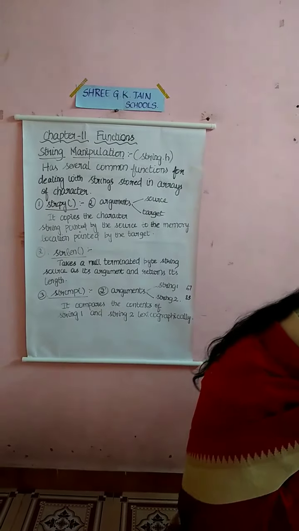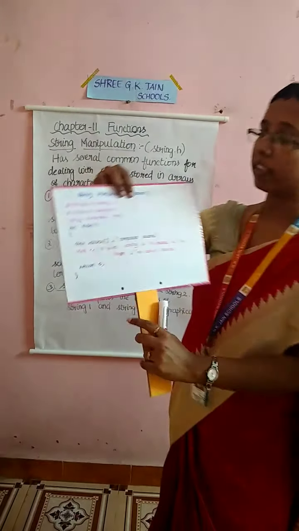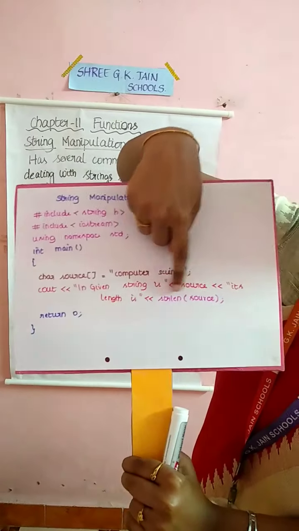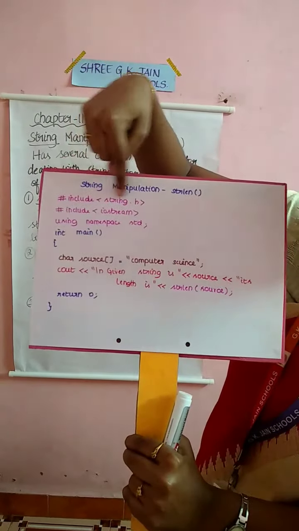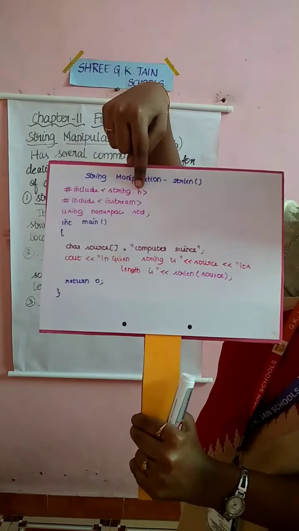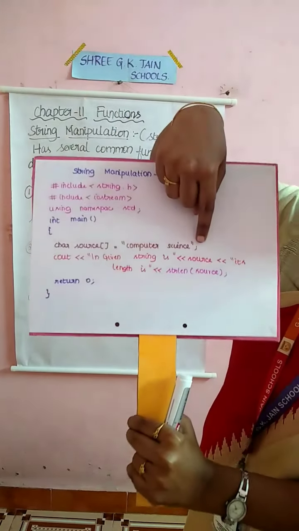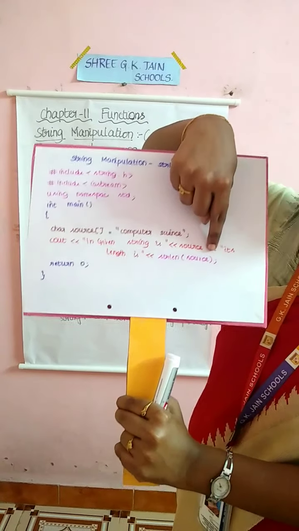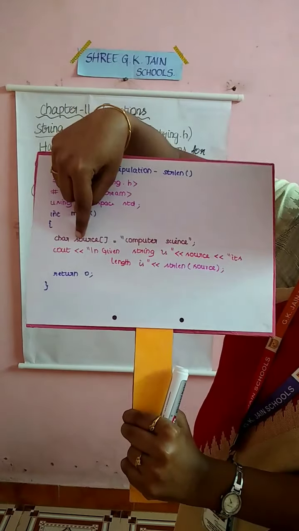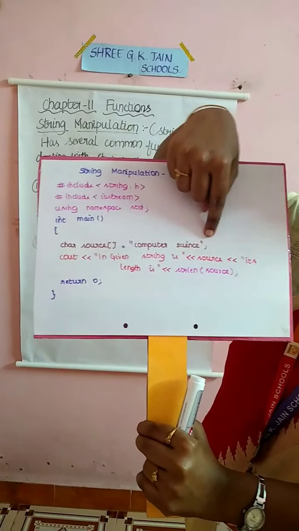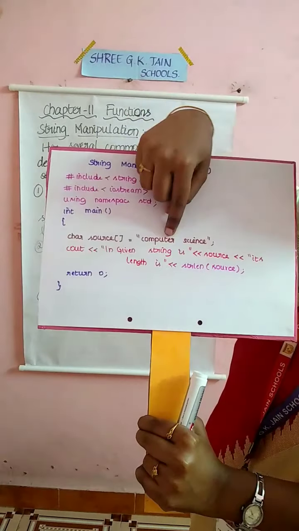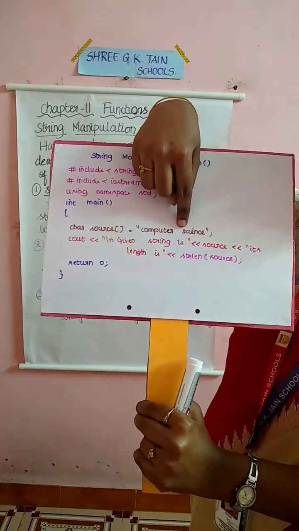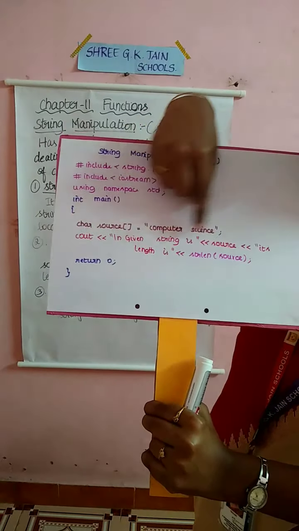Now coming to the example for string length. This is a very simple program. Here you are using the string length function, so I am mentioning the string.h header file. Source is computer science, and you are going to find out the length of the source. The length of computer is 8 and science is 7, and one space you are leaving between the two strings.